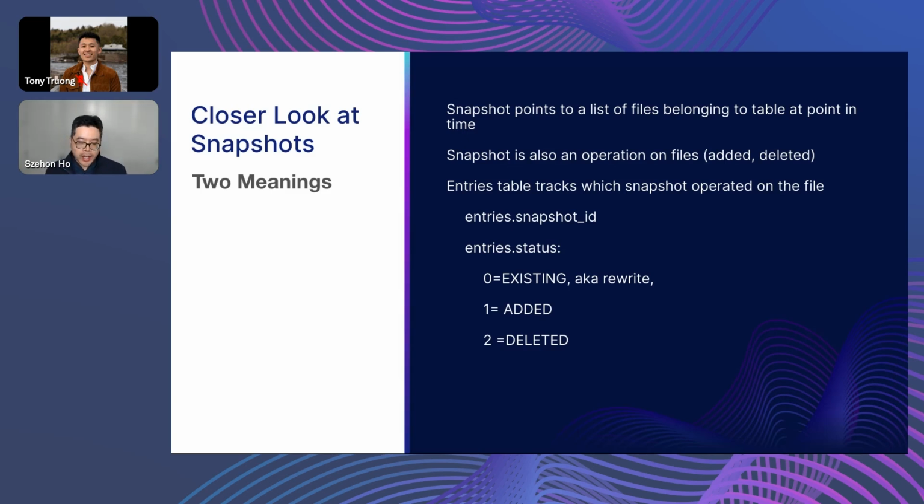And that's really what we track in the entries for each data file: what snapshot has added it and what snapshot has deleted it. Because if you think about it, a file's life in the Iceberg table is that it's added once, then it goes through many snapshots where it's not touched, and then it gets deleted once. So the point here is that the entry's snapshot ID tracks which snapshot added or deleted it, and the status will be the operation.